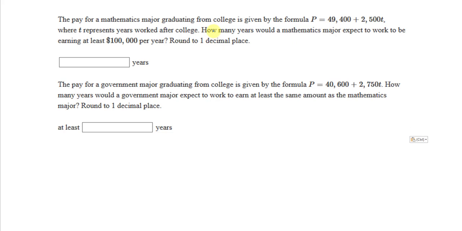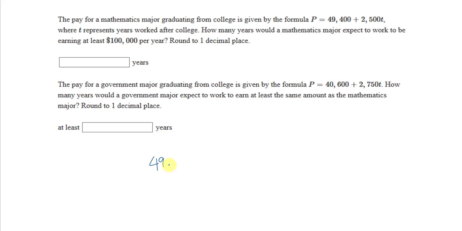And now they ask you, how many years would a math major student expect to work to be earning at least 100,000 per year? Okay, so this is the formula for the pay. Now you want the pay to be at least. At least means, okay, let's rewrite the pay.